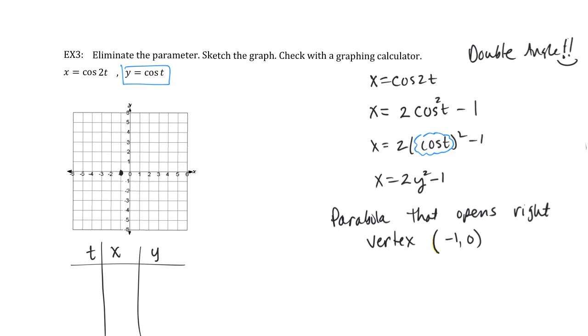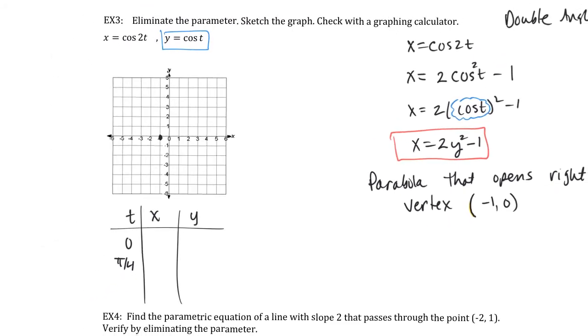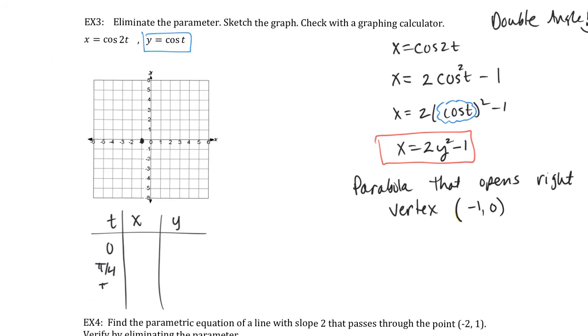We could plug some x and y values into our rectangular equation and graph it, but I also want to know what's happening over time. So let me just plug a few numbers in. Let's do 0, pi over 4, pi over 2, and pi.